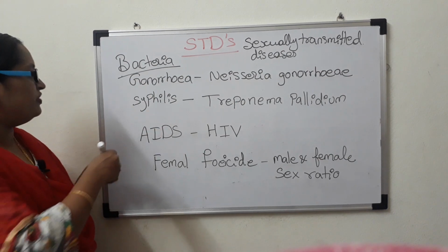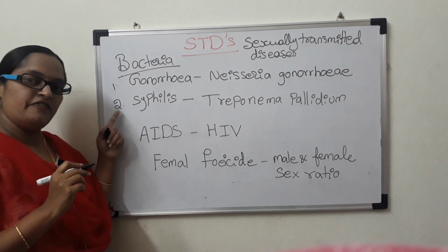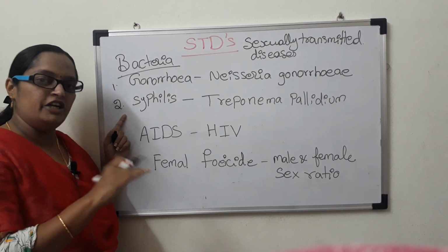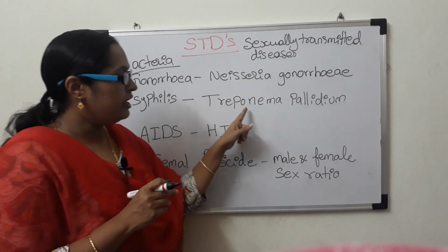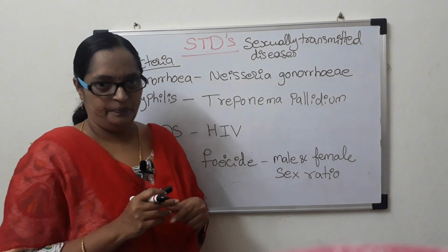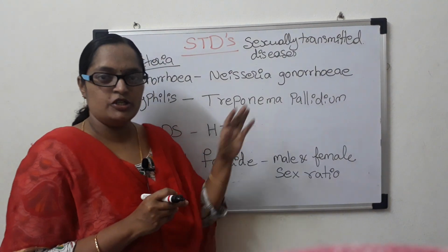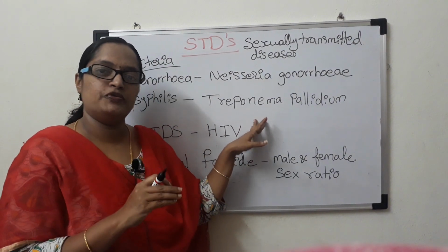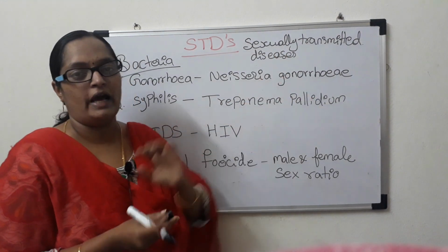Then the second disease is syphilis. Syphilis is also a bacterial infection. It is caused by a bacteria called Treponema pallidum. This organism is also transferred from one person to another through sexual contact.